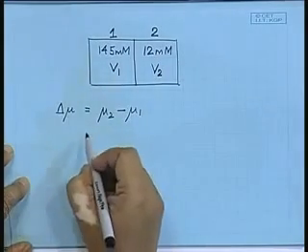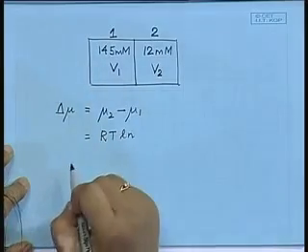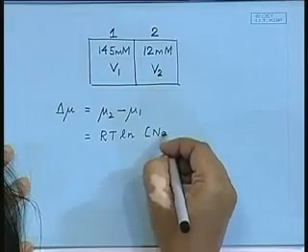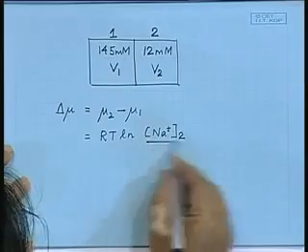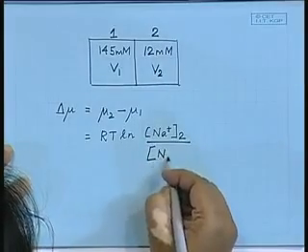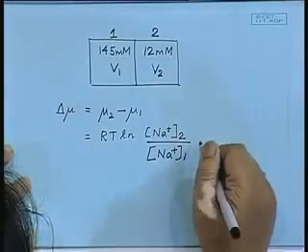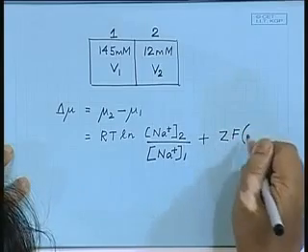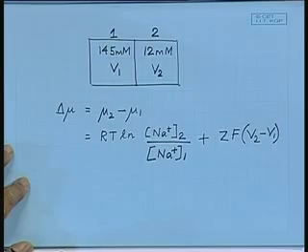The contribution is going to come from RT ln Na plus at 2, because that is our final state, Na plus 1. Also, I have ZF (V2 minus V1), the delta V that I have.